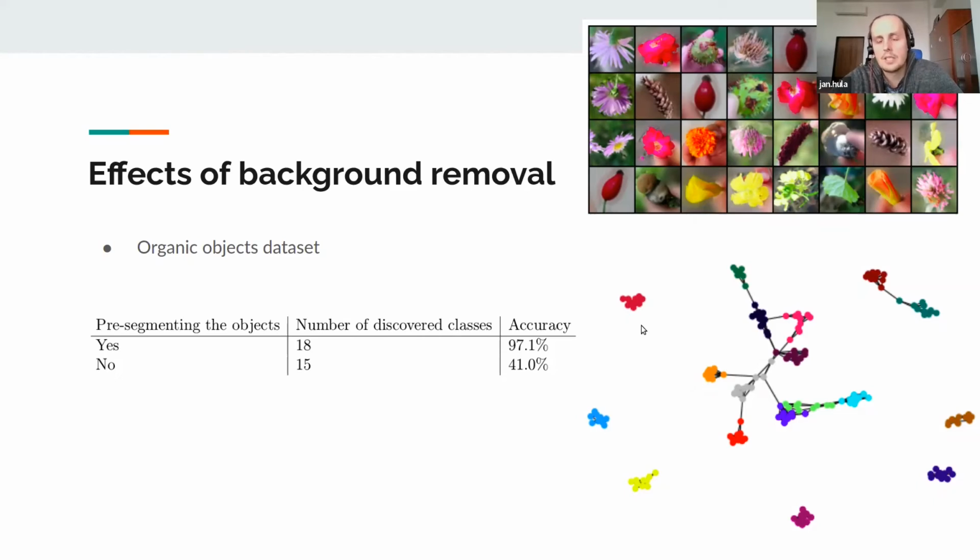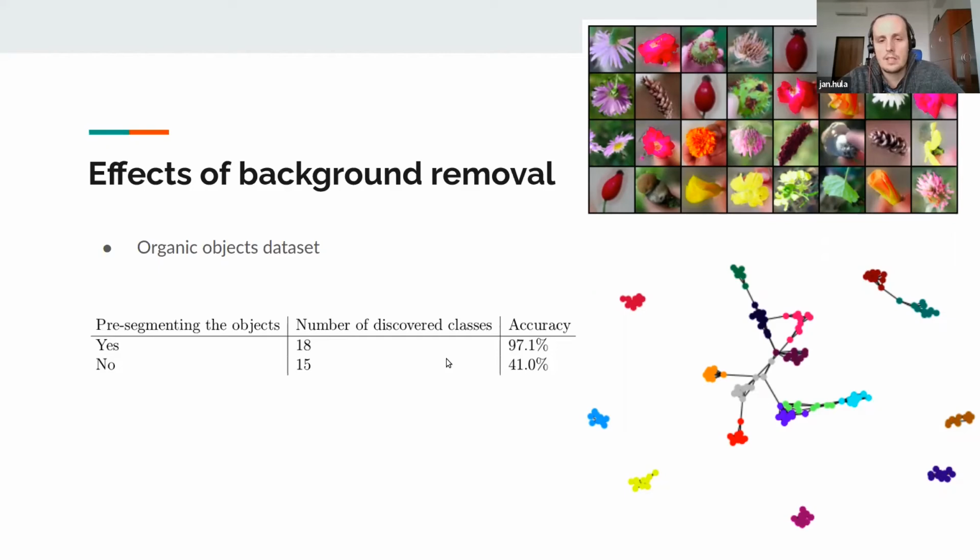Then we measured how precise the algorithm is by using the ground truth classes of every image, and we measured how accurate the algorithm is if, for example, images of the same class were assigned to the same cluster. And if we do this by removing the background, then we achieve very high accuracy. But if the background is present and we use the same technique, then the accuracy is very low.